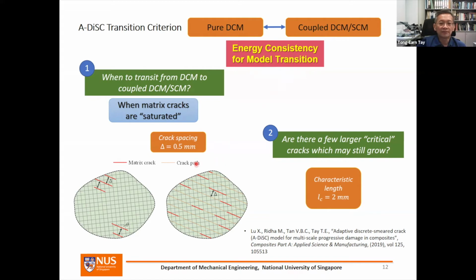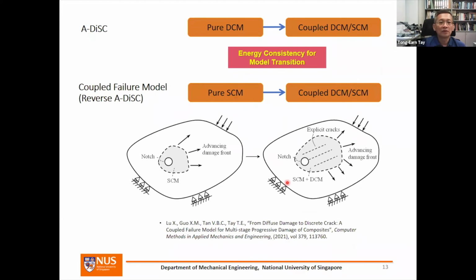And also you have to decide on what is a suitable crack spacing as well as a characteristic length. How long is a crack allowed to grow and still be modeled as a discrete crack, or when do you actually make it into a smeared crack? So those are issues which are very pertinent.